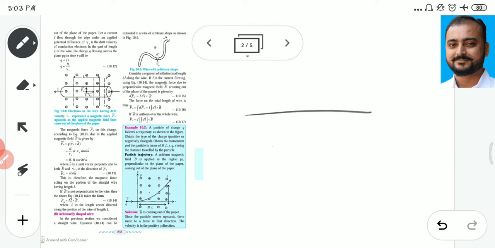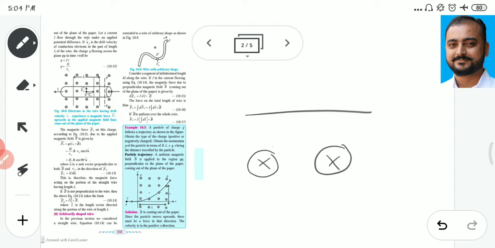Remember always, when the magnetic field is shown by a cross, it means the magnetic field enters into the paper, perpendicular to the plane of the paper. As you observe here, this cross sign indicates the magnetic field is entering inside the paper perpendicular to the plane.